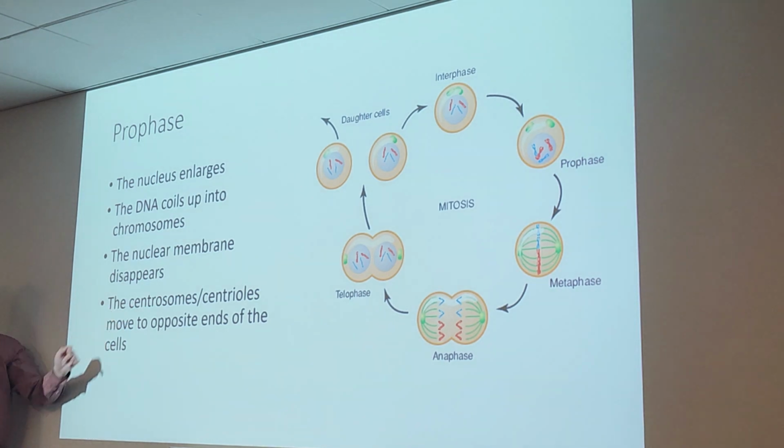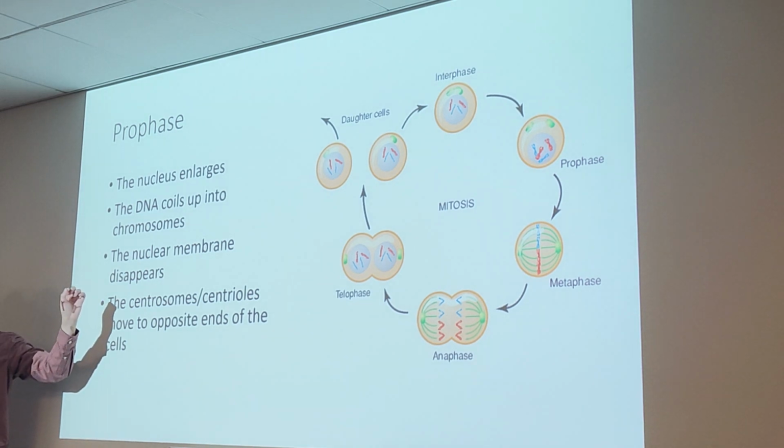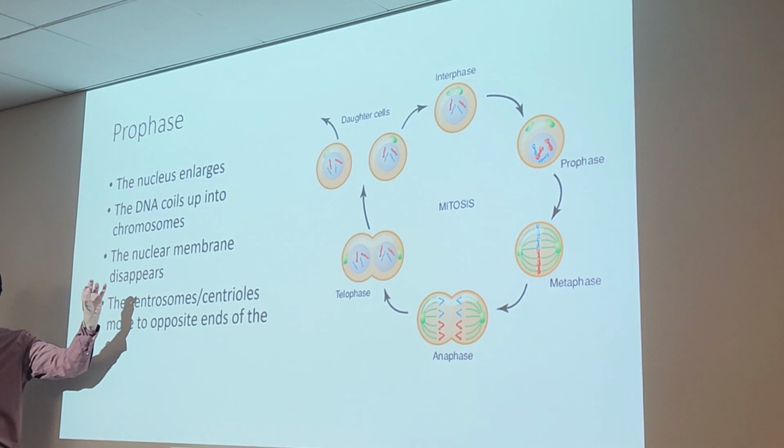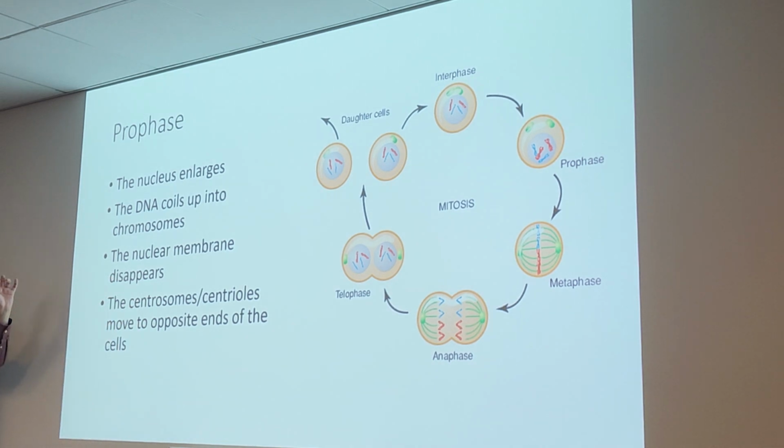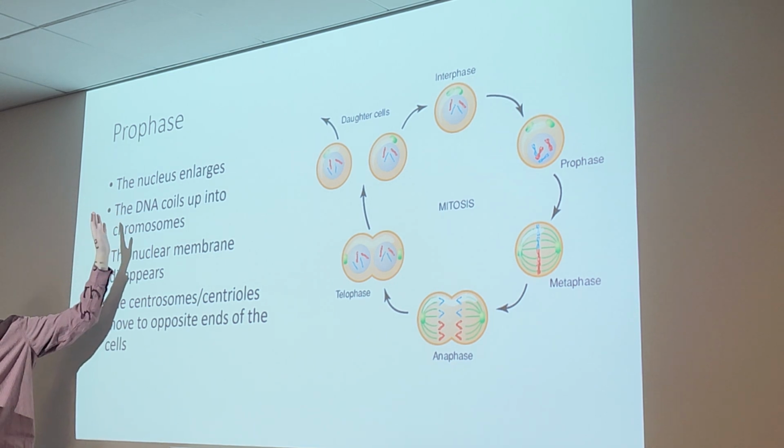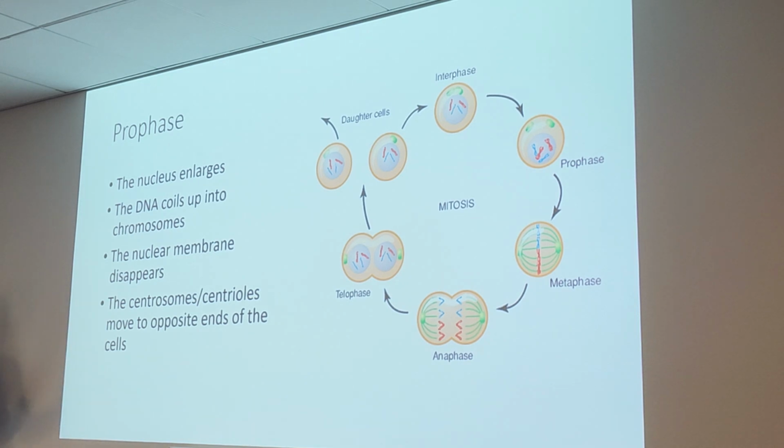Those winches, those move to opposite ends of the cell. They move to the poles of the cell, right? It's like North Pole, South Pole. Okay, so they move to opposite ends of the cell so that they can pull the chromosomes to their side later on. Okay, so during prophase, this is what happens. Nucleus dissolves, DNA scrunches up, and then the chromosomes move to the ends.